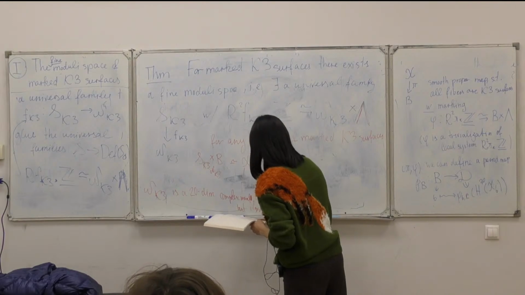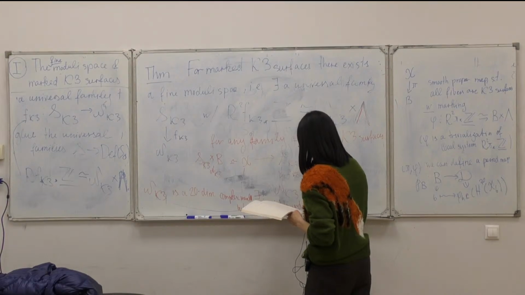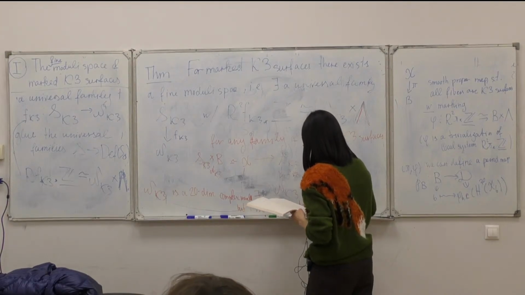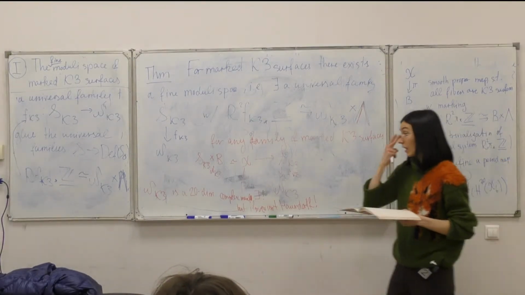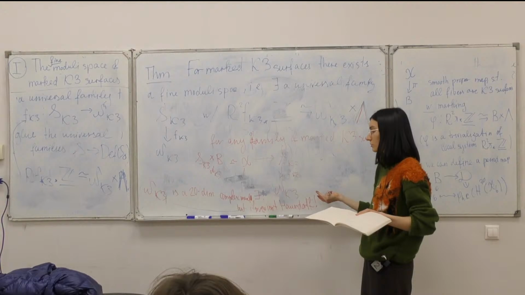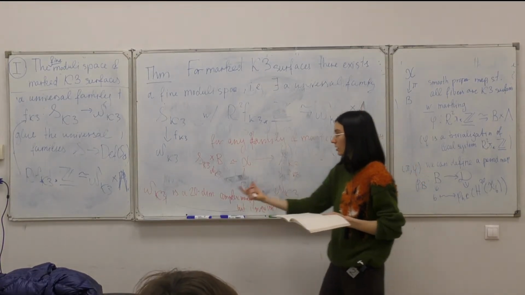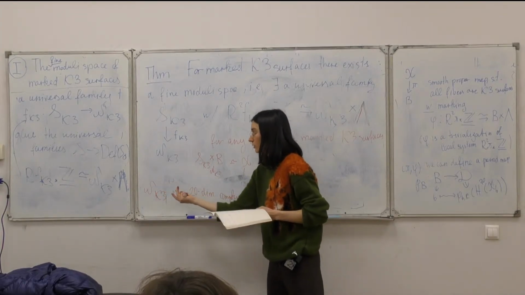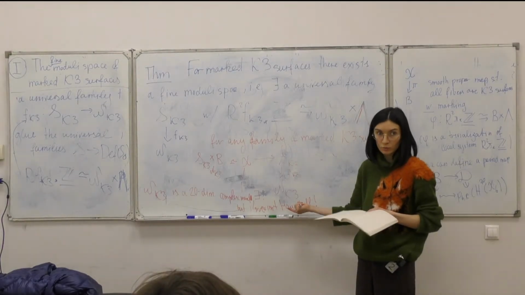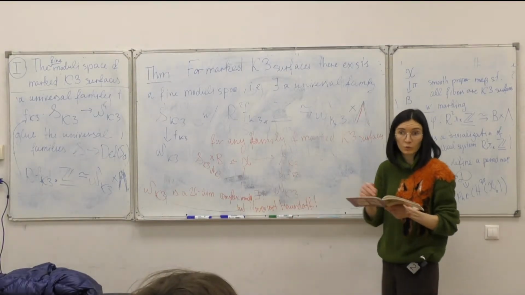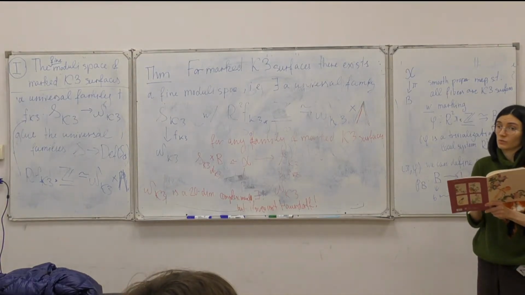I will not explain why, because we just don't have time, but I want to say that it's very nice that we have such a universal family, but it's not smooth. It's not even Hausdorff, so we can't separate some K3 surfaces.